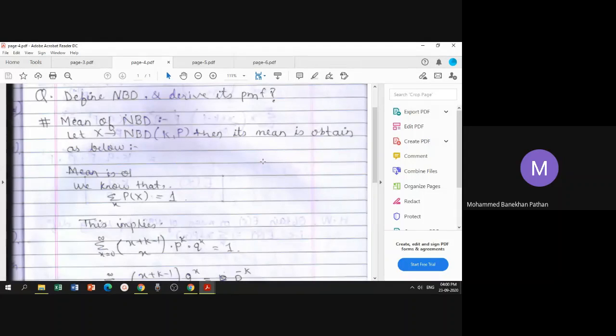And the formula of expected value of x is nothing but summation x multiplied by px. The statistics syllabus is very easy because the knowledge of first year is going to be used for second year. You already studied mean and variance calculation in your first year.